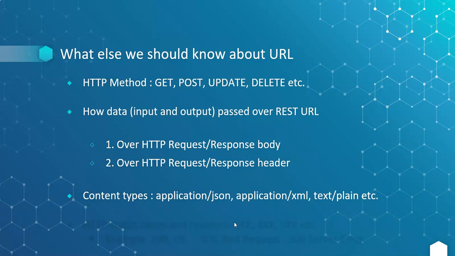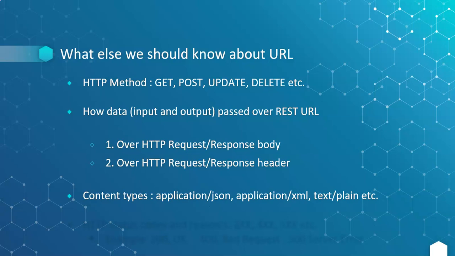Coming to SOAP services, those are only able to make communication over application/XML, which are a little bit heavyweight objects, and also those are not understandable by front-end scripting languages like JavaScript, AngularJS. Whereas application/JSON is mostly used with REST services, and the application/JSON content type cannot be used with SOAP services.